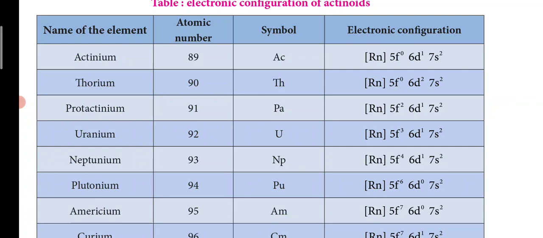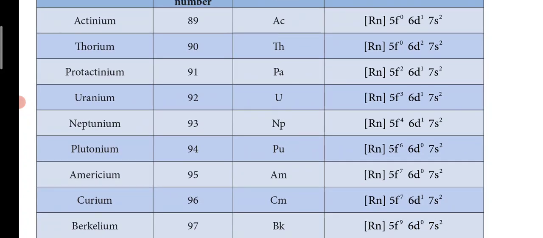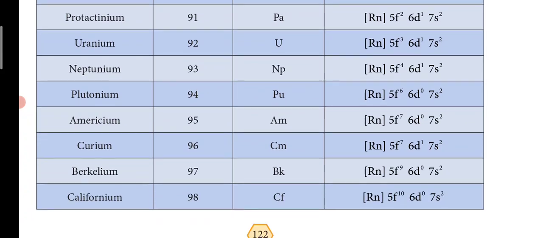Protactinium is 91, symbol Pa. Uranium 92, symbol U. Neptunium 93, Np. Plutonium 94, Pu. Americium 95, Am. Curium 96, Cm. Berkelium 97, Bk.